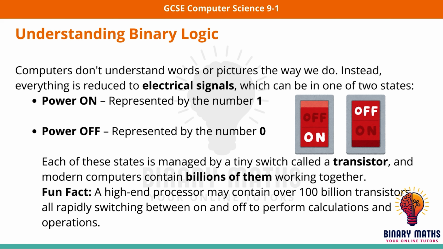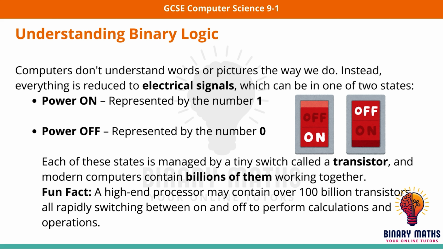So why do computers use binary in the first place? It's because of how they're built, specifically how their electronics work. Inside a computer, everything is based on electrical signals. A signal is either flowing, meaning it's on, or not flowing, meaning it's off. These signals are controlled by microscopic components called transistors.